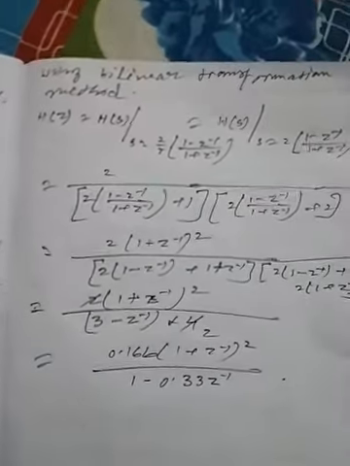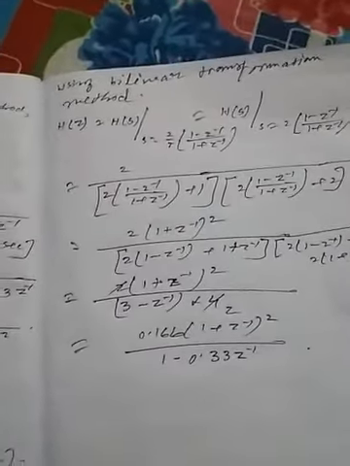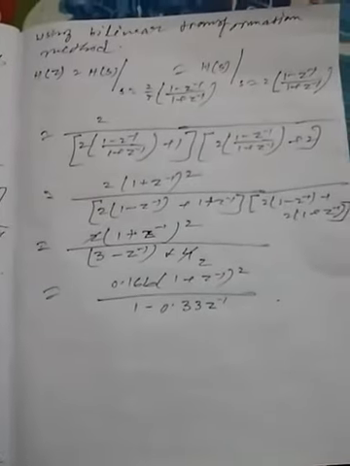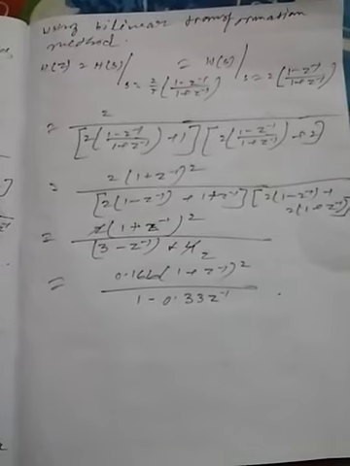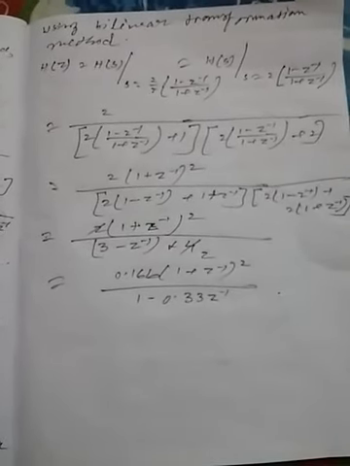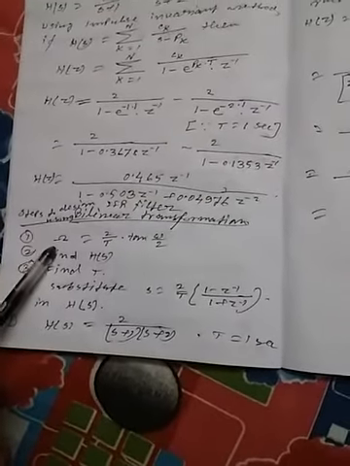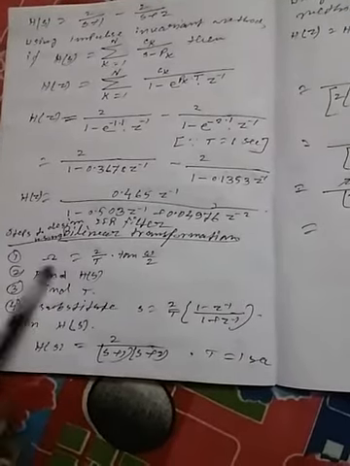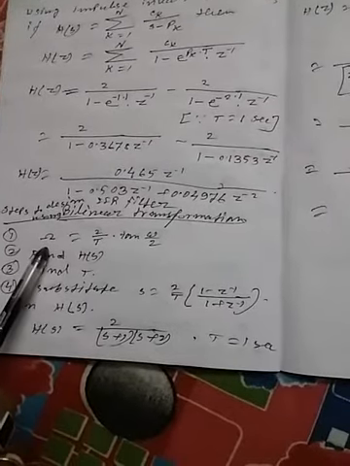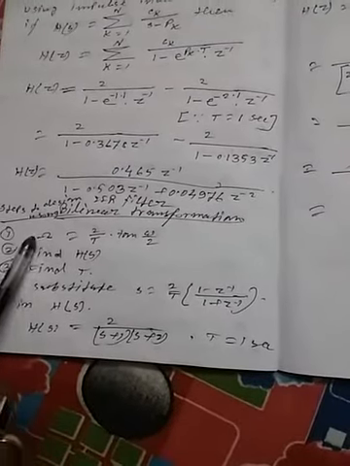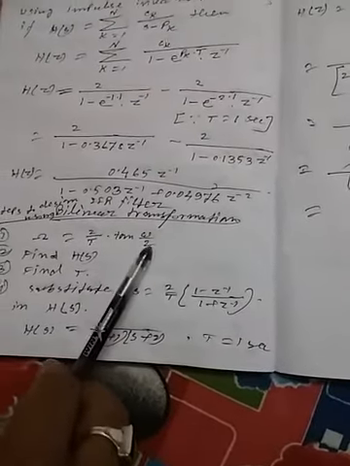So what did we learn from this video? We learned the steps to design a digital IIR filter using the bilinear transformation method. At first we find the value of capital omega using the pre-warping method, with the formula capital omega equal to 2 by T, that is sampling rate, into tan omega by 2.